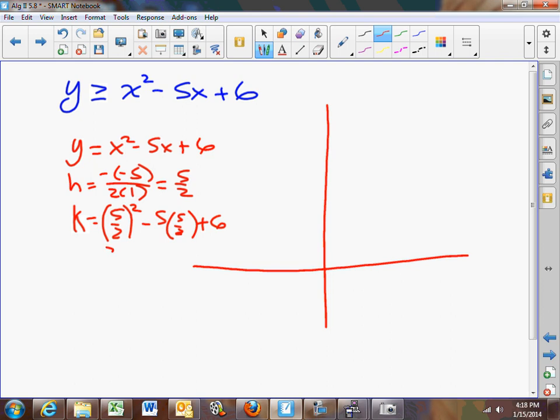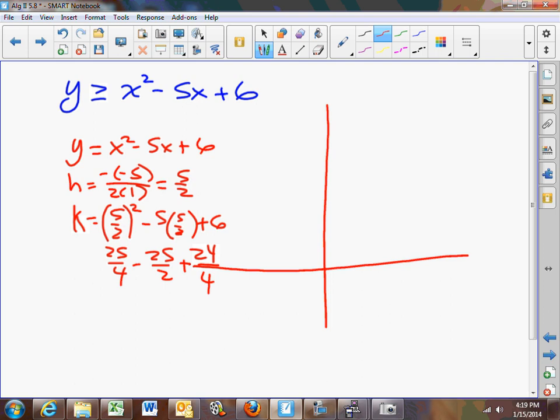And 5 halves squared is 25 fourths. Negative 5 times 5 halves is negative 25 halves. And then 6, we're going to be doing this in fourths, so I'm going to make 6 into 24 fourths. The middle term, negative 25 halves, becomes negative 50 fourths.